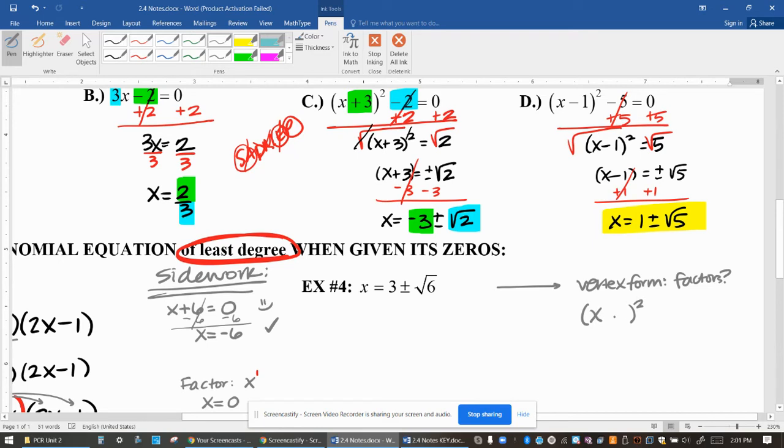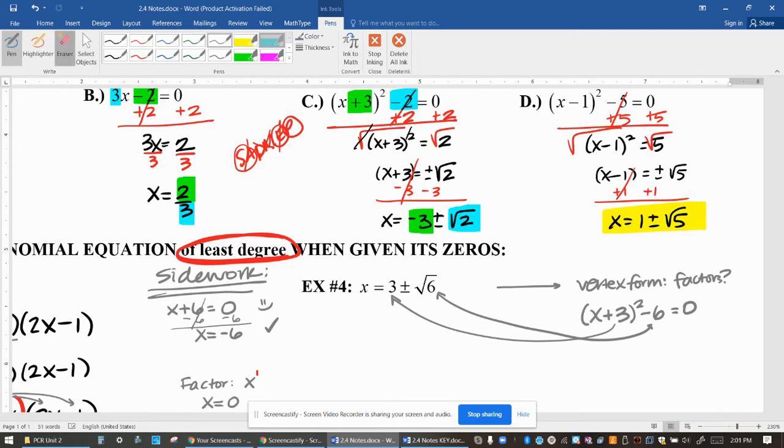So the number in the parentheses is the number that ends up outside and in front of the plus or minus, and it's the opposite sign. The number in the root is the number that was added or subtracted, and it's also the opposite of how it appears on your answer.